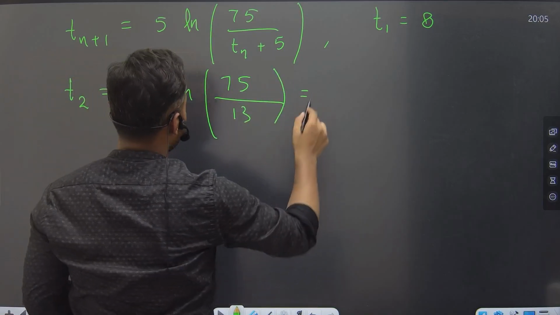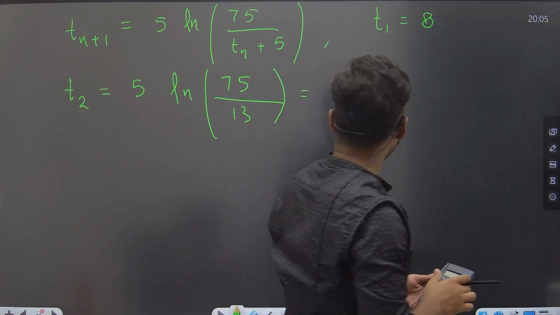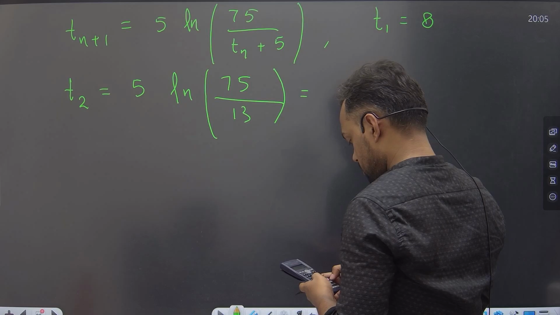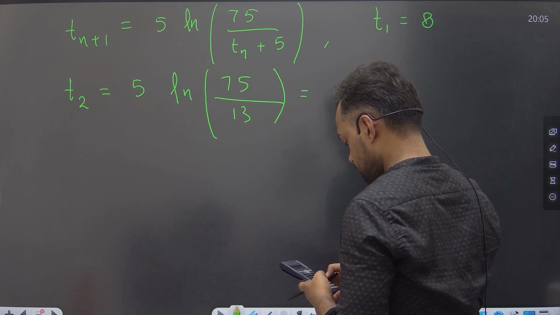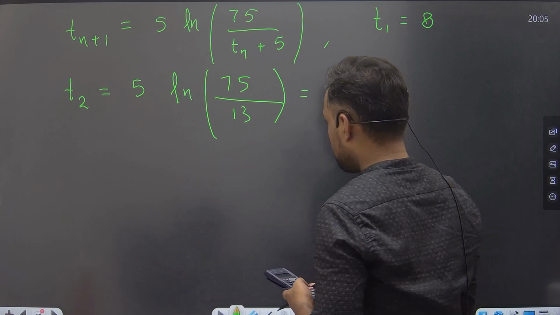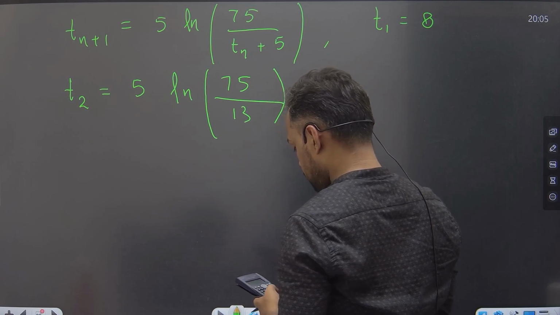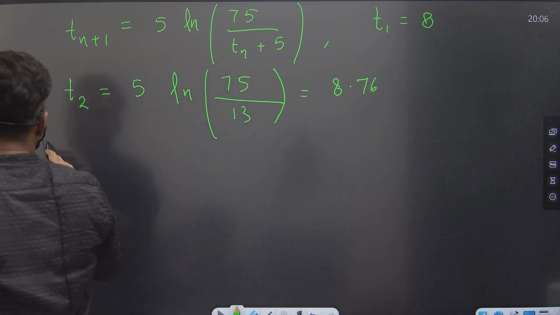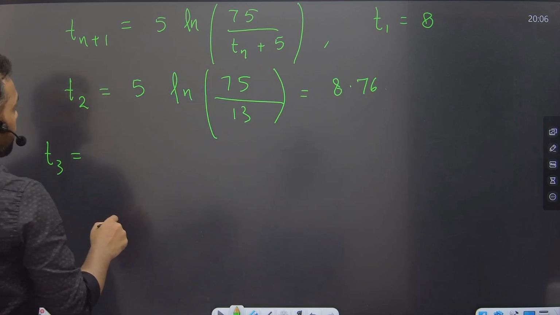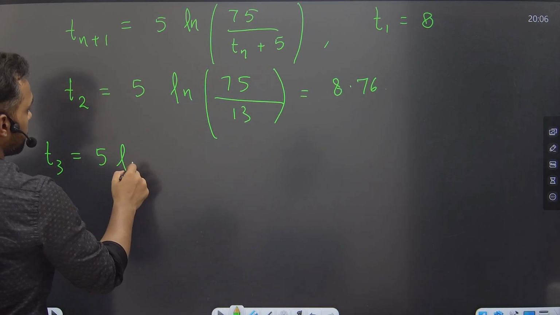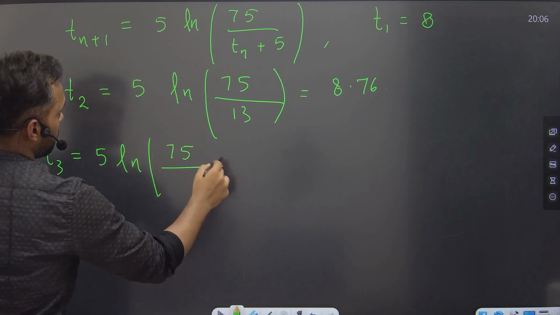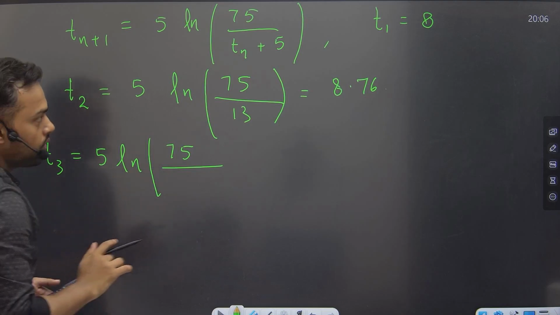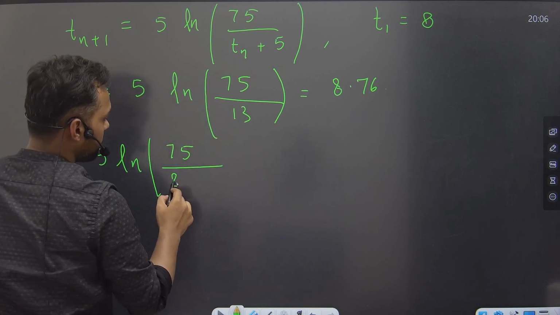On further calculation, what you will get is 5 times ln(75/13), that is 1.752, times 5, you will get 8.76. Similarly, t3 will be equal to 5 times ln(75/(t2 + 5)), where t2 we have calculated as 8.76.